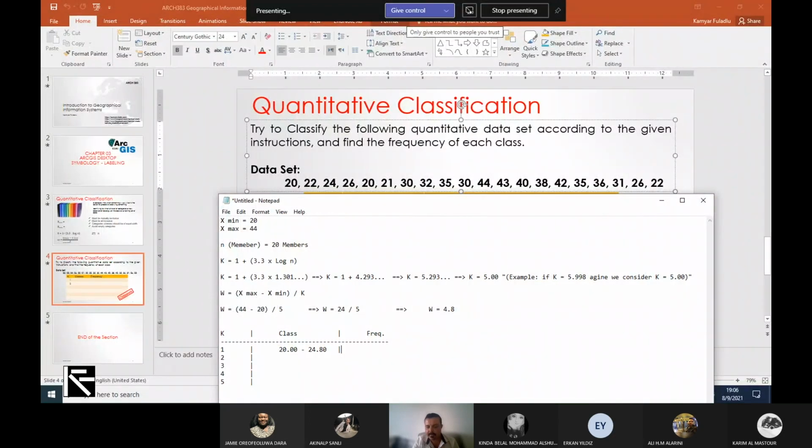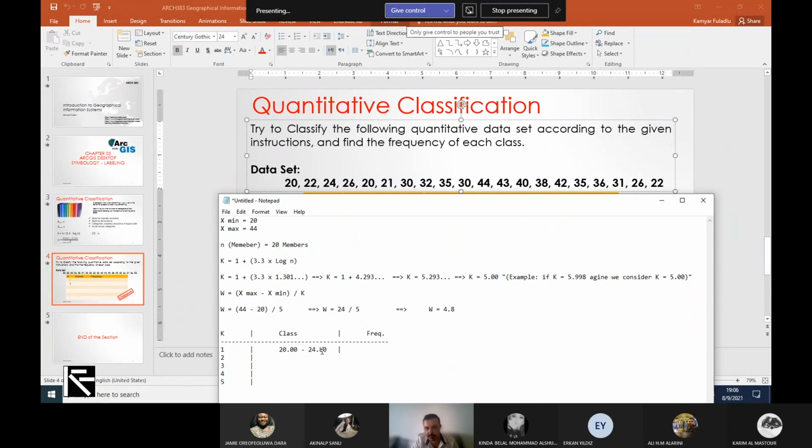I will just take the smallest member and add this interval, or this width, to our smallest member and make the next interval.